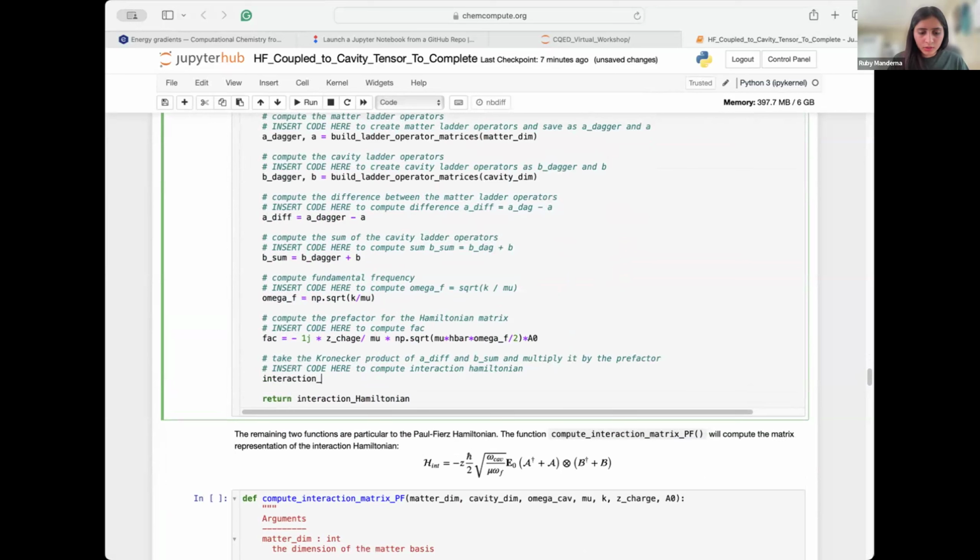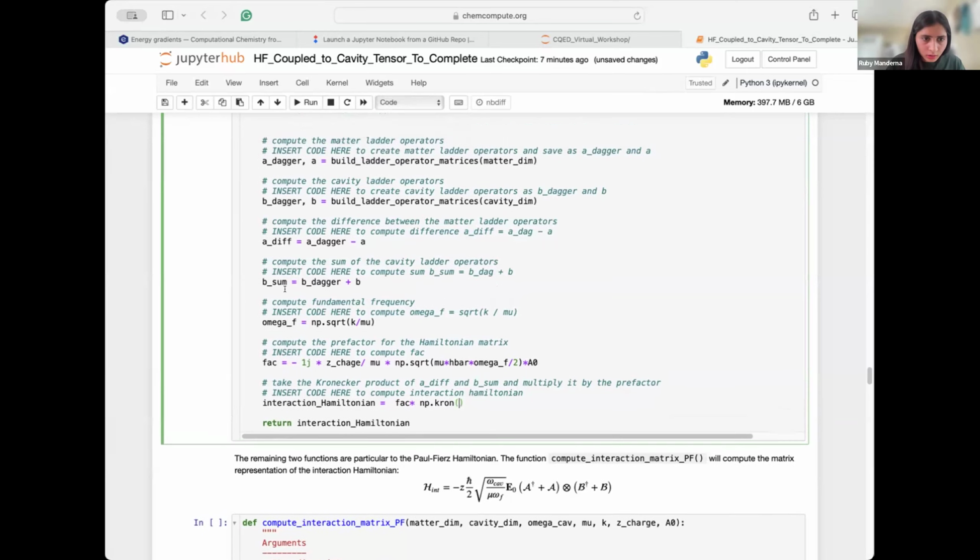Basically, the P dot A Hamiltonian, we will store it as Hamiltonian. So first we'll multiply it with the prefactor, and then we will use the Kronecker function of numpy to do the tensor product, which is shown, simply multiplying these matrices.